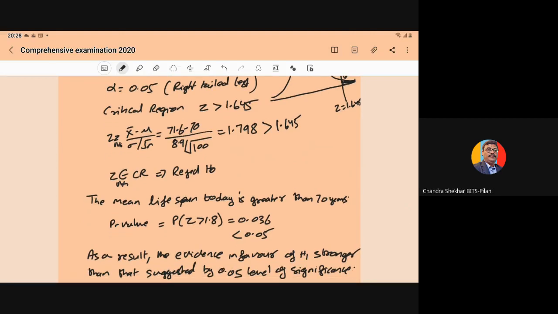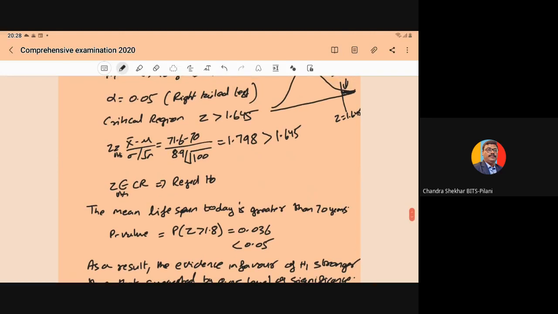We can do this question from the significance testing also. For that we have to compute the p value. P value means probability z greater than 1.8, right? Means from here we have z is equal to 1.798, so we have taken the approximation. So z greater than 1.8, and the tabular value from the table of the standard normal distribution is 0.036, which is less than the given level of significance 0.05.